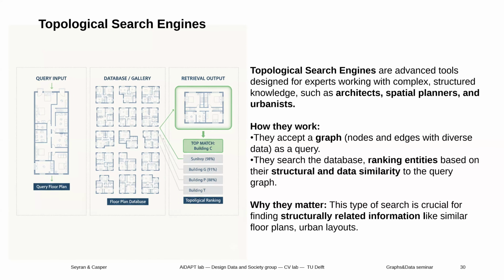So that's why these graph matching problems, which Casper will talk about after this, are very important. And one of the most important things for search engines is to be fast, right? We don't have enough compute and time to do an exhaustive search on this discrete non-Euclidean space of a graph.